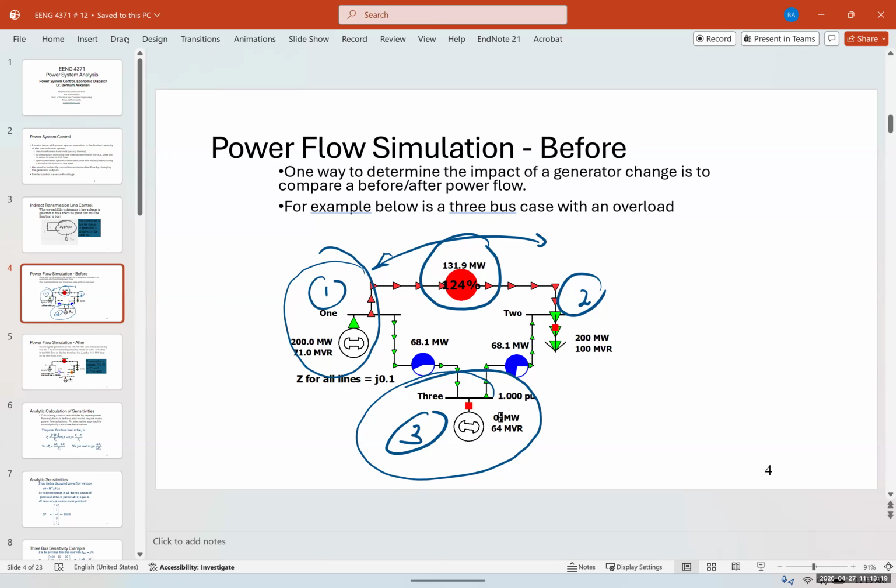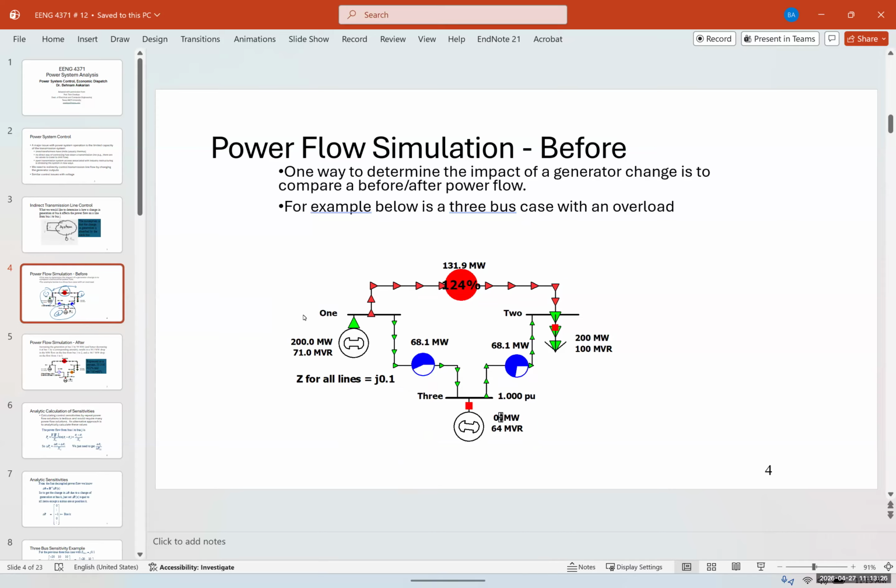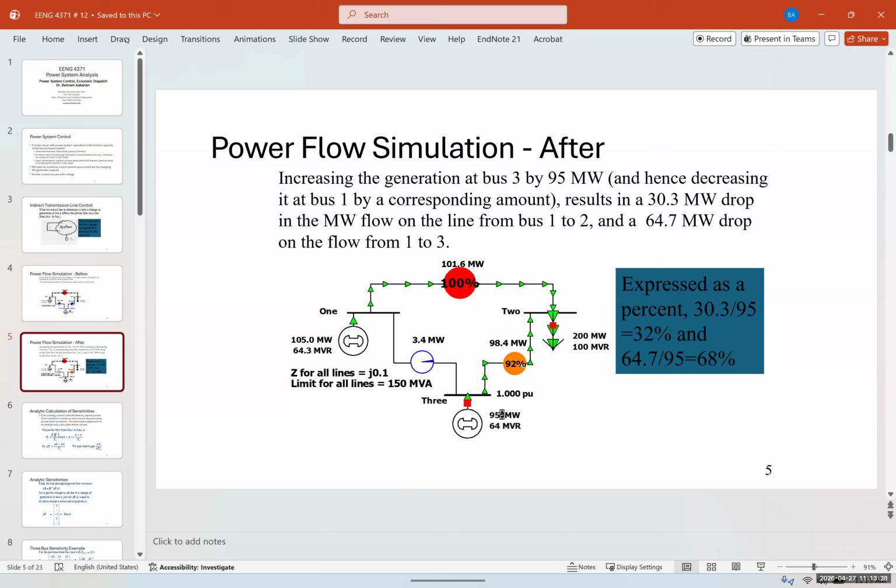And let's see what happens when we actually change a generator. So this is a before situation. Now let's change the power generation. In this after scenario, we have increased generation at bus 3 by 95 megawatts. The slack bus at bus 1 decreased by 95 megawatts.